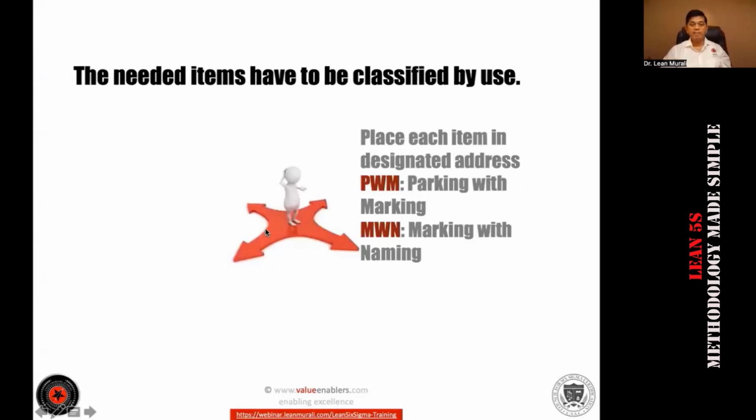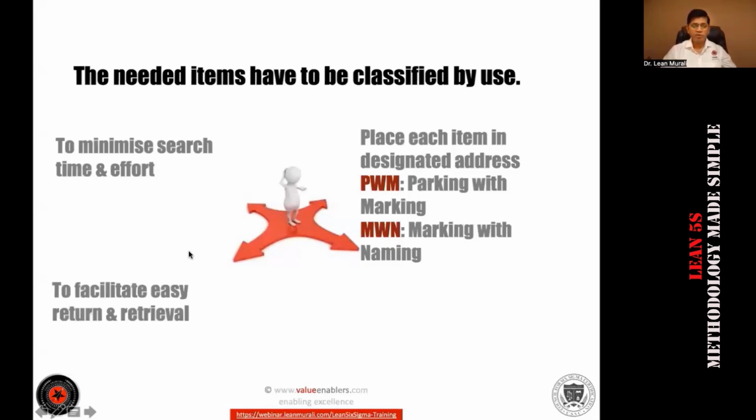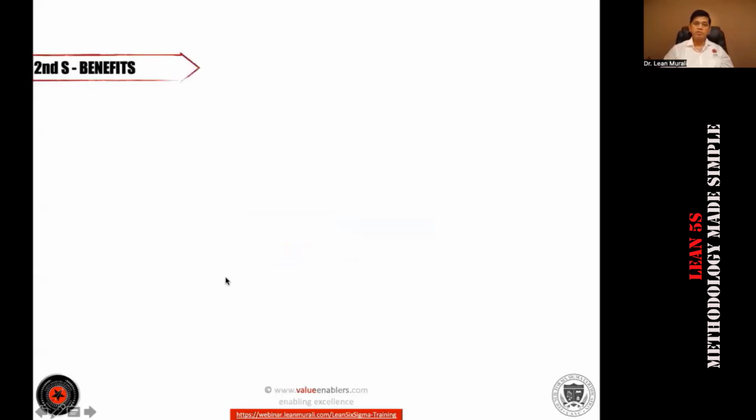All of you type PWM in the chat box. Parking with marking: wherever it is parked, it should be marked. And marking with naming, MWN. These are things you should remember to minimize the search time and effort for easy retrieval. So, extensive use of these visual management systems or visual control systems.